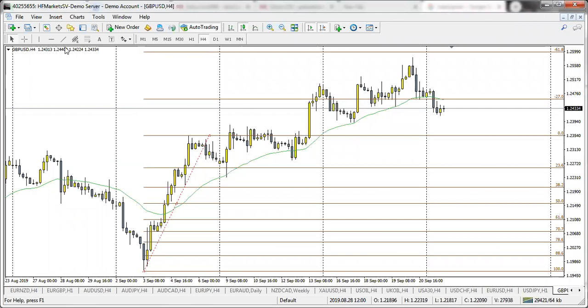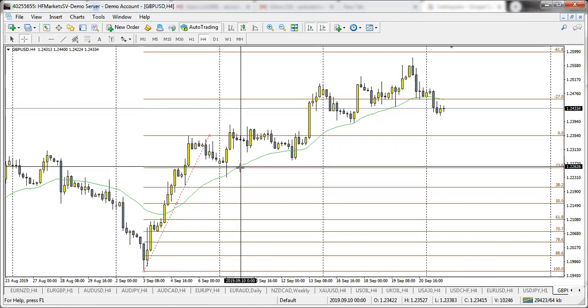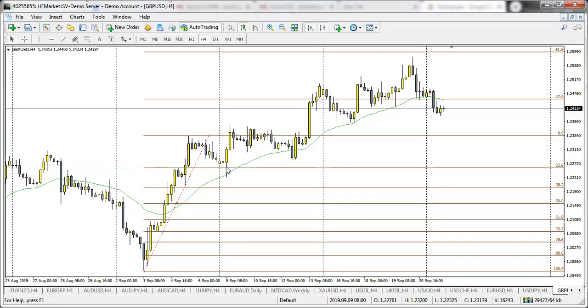Imagine you put your buy stop here, a pending order here, and you have a very tight stop loss, let's say 20 pips. This thing went another 20-something, another 27 pips before it retraced. So if you enter the trade here, the market will take out your stop loss before going the way you wanted it to.